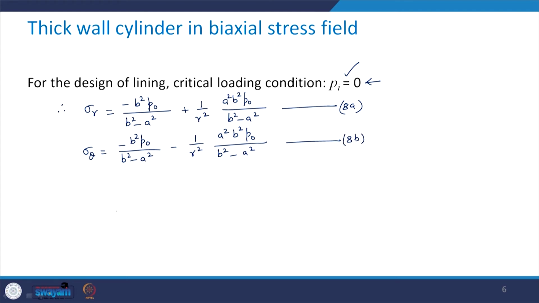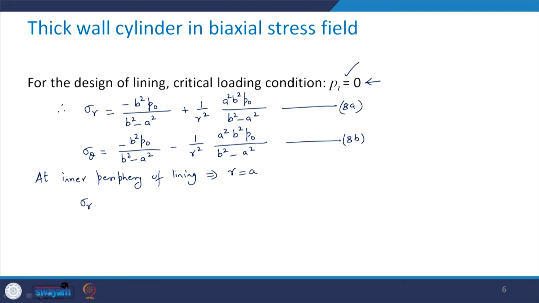Now, what will happen at the inner periphery of the lining? That is when r is equal to a.